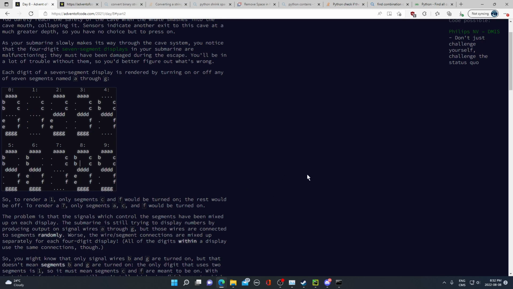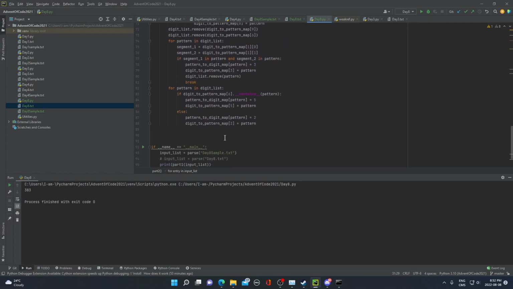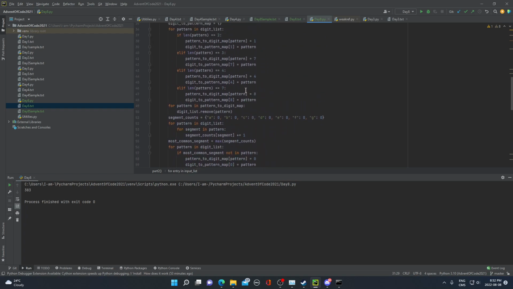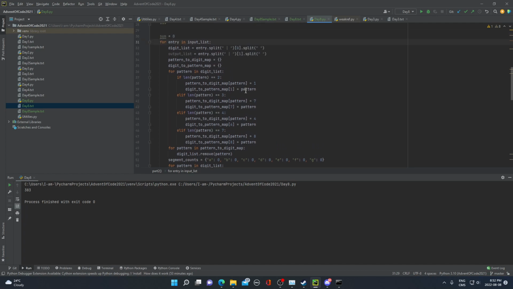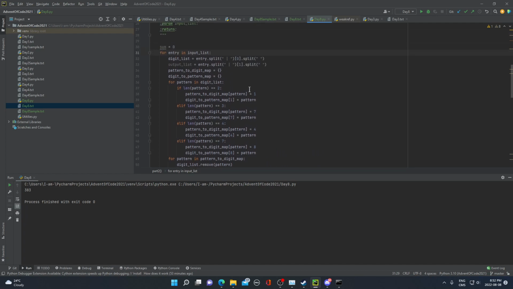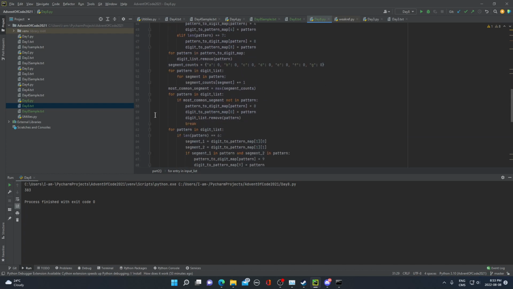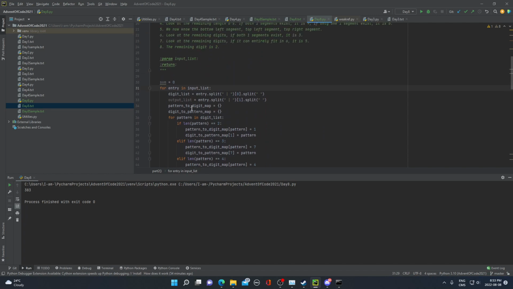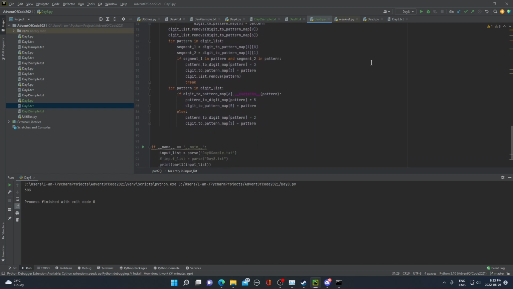Wait. This is so much easier. What is all this crap? We can figure out the best way to do it. Anyways, I want to know if this actually works first.